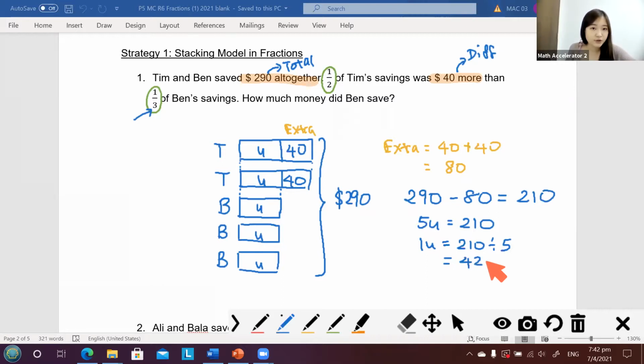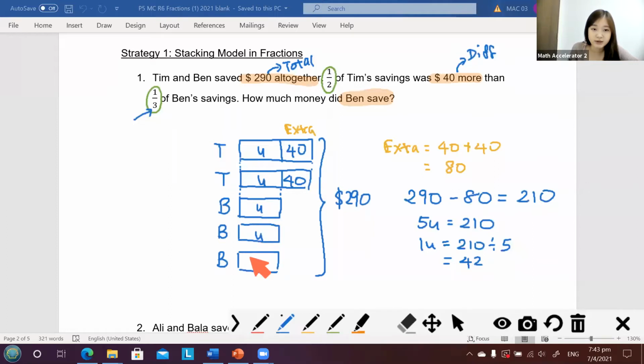Then what do you do with the 42? Let's look at the question again. What are they asking for? They want Ben. How much money did Ben save? Is Ben 1 unit? Correct. Ben is 3 units. 1 unit is only 1/3 of Ben's savings.